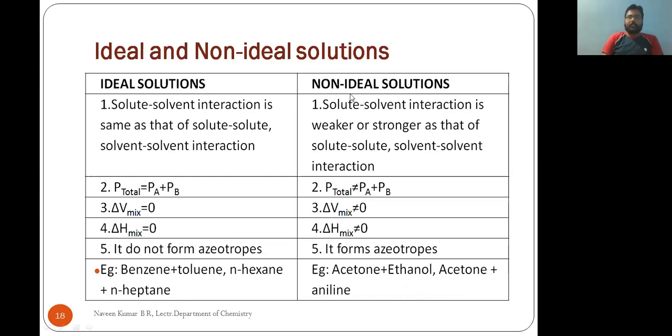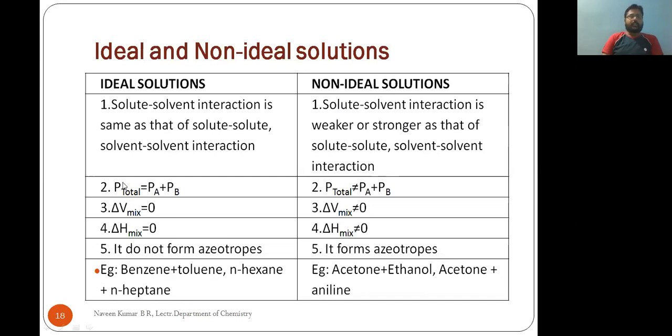These are the major differences to understand the types of solution from Raoult's law. The solution which obeys Raoult's law is an ideal solution. The solution which does not obey Raoult's law is a non-ideal solution. In an ideal solution, solute-solvent interaction is the same, whereas in a non-ideal solution, solute-solvent interaction will be either weaker or stronger when compared to solute-solute and solvent-solvent interactions.